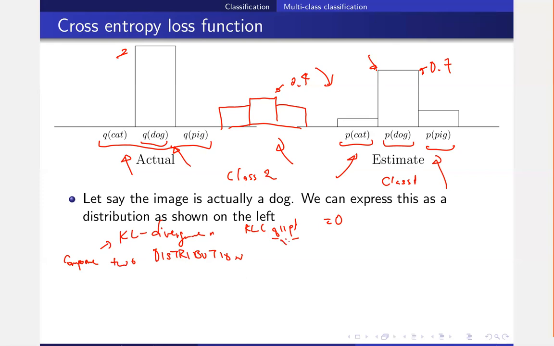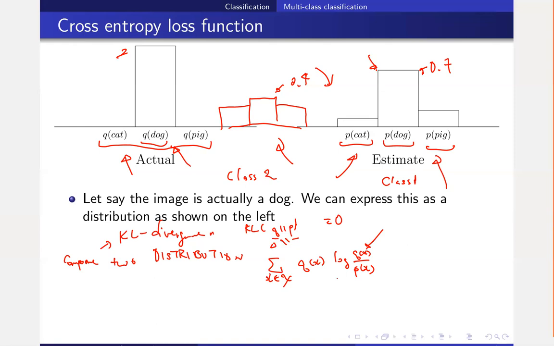So the precise definition of the KL-divergence is something like the sum over x of Qx log Qx over Px, where x are the elements in the distribution. First of all, I know that if q equals p, then apparently this will be equal to 0, right?